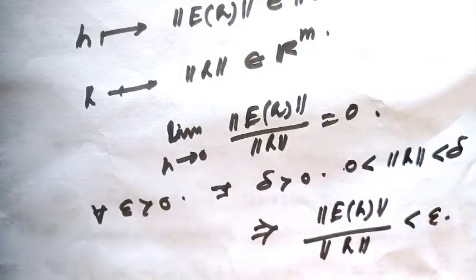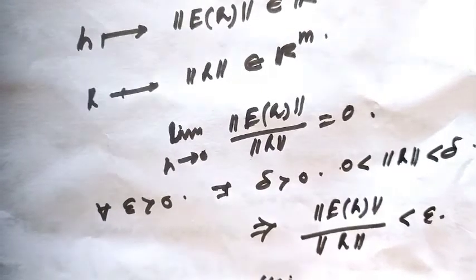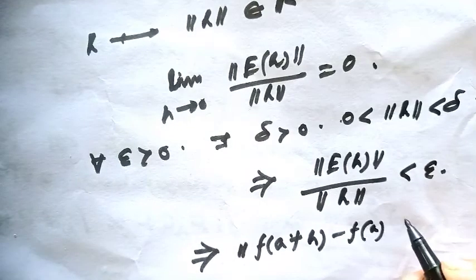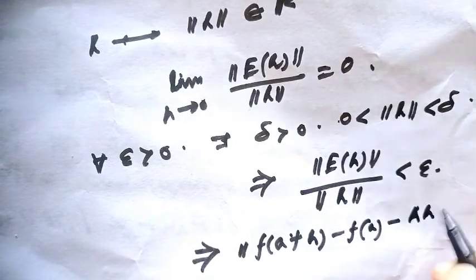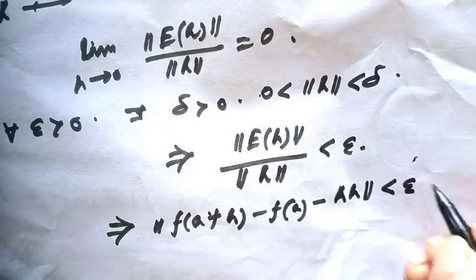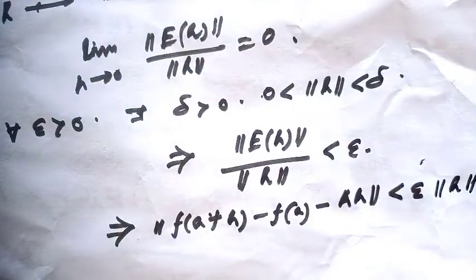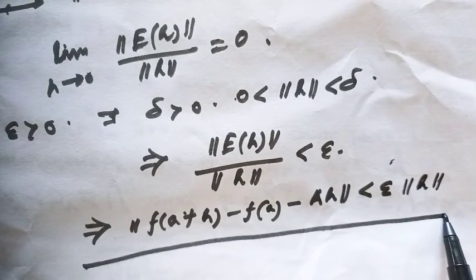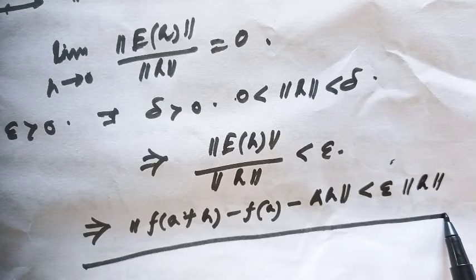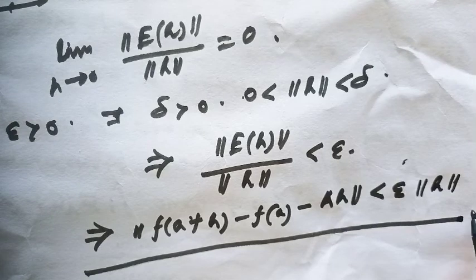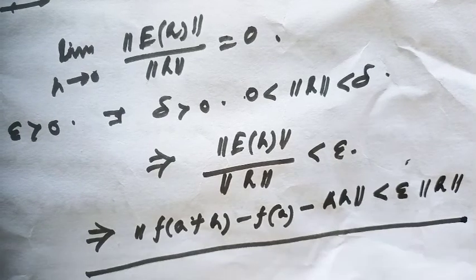Actually, this means norm of f of a plus h minus f of a minus A(h) is less than epsilon times norm of h. This is the epsilon delta definition of differentiation in multivariable calculus. And every book has used this definition. Are we getting this meaning of definition?